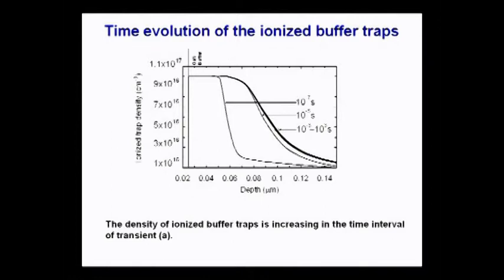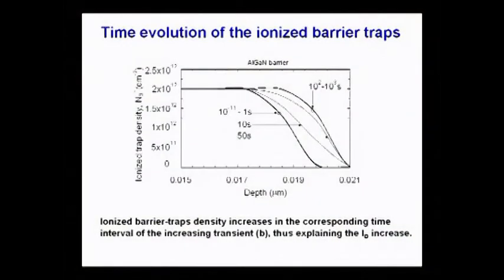So this proves that the buffer traps are capturing electrons in the corresponding time interval of transient A. While in the time interval of transient B, we can see that the ionized trap density in the barrier is increasing with increasing time. So this demonstrates that the increasing transient is due to barrier traps.